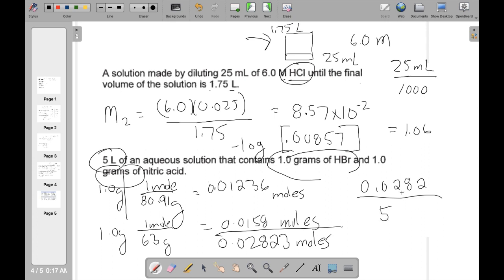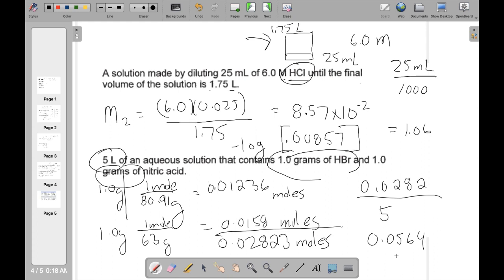Divide that by 5. Let me go ahead and do that right now. 0.0282 divided by 5 equals 0.0564. That is my concentration of hydronium ions, of hydrogen ions in this solution.